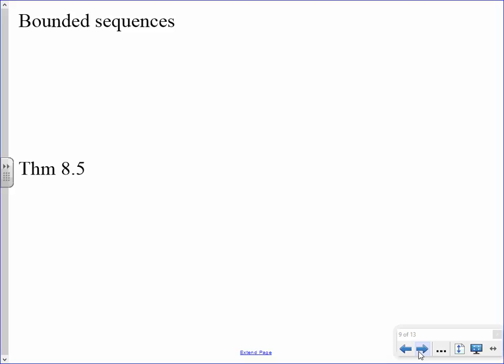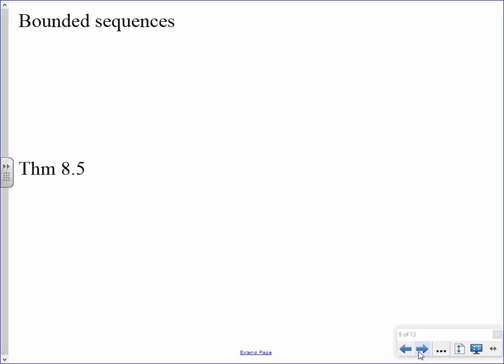Maybe the terms increase by one, but they stop at a certain point. The range is set. The range caps out. You're not wrong.